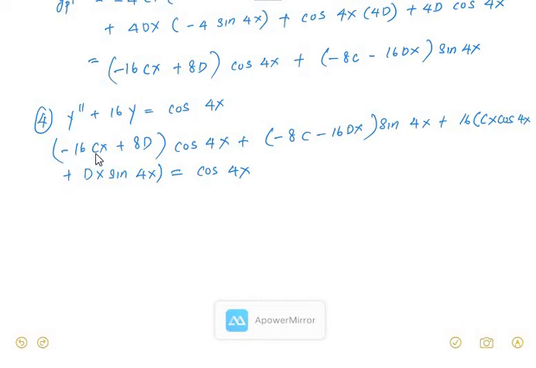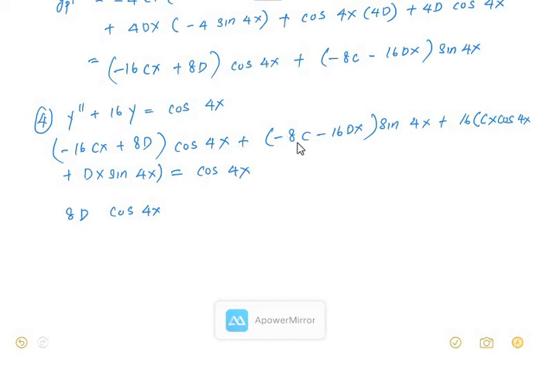Okay, negative 16cx for the cos 4x. Here also got cos 4x. So negative 16cx plus with 16cx, we can cancel out. And then we are left with d cos 4x.